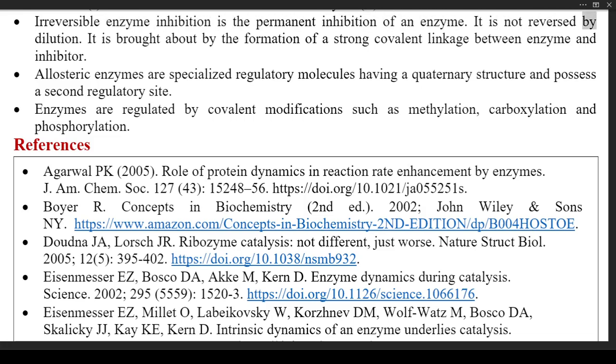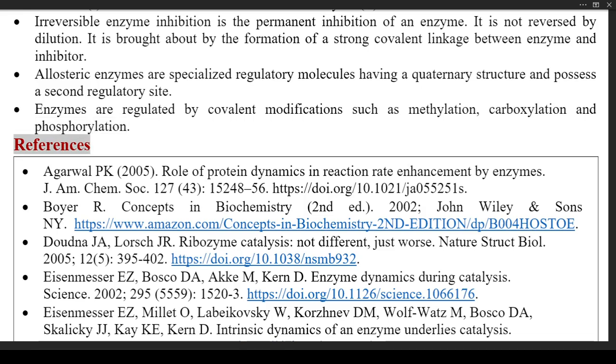It is not reversed by dilution. It is brought about by the formation of a strong covalent linkage between enzyme and inhibitor. Allosteric enzymes are specialized regulatory molecules having a quaternary structure and possess a second regulatory site. Enzymes are regulated by covalent modifications such as methylation, carboxylation, and phosphorylation.